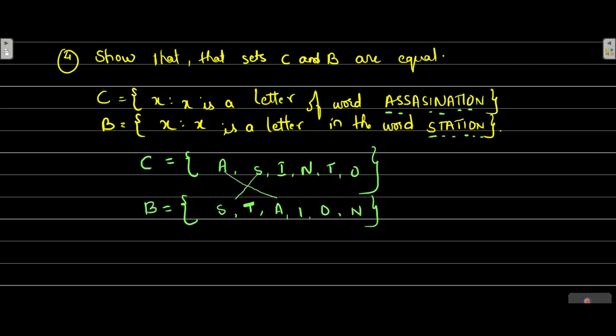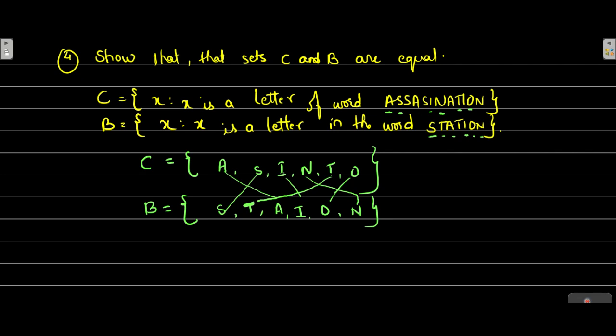Now as you observe here, A is there, A is there. Here we have S and here we have S. Here we have I and here we have I. Here we have N, here also we have N. In set C we have T, in set B also we have T. In set C we have O, and in set B also we have O. So each element of C is also there in the set B. But what is the difference?